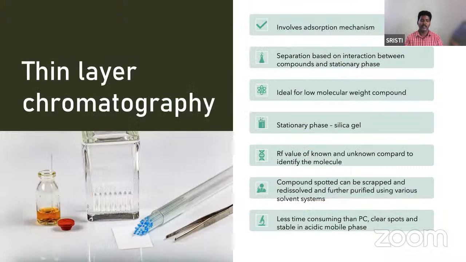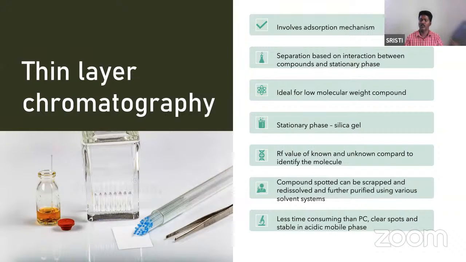The next method is thin layer chromatography. Here also the mechanism is adsorption. The separation is based on the interaction of the compound with the stationary phase. In paper chromatography, the separation is based on the interaction between the compound and the mobile phase. Here it is the interaction between the stationary phase and the compounds.